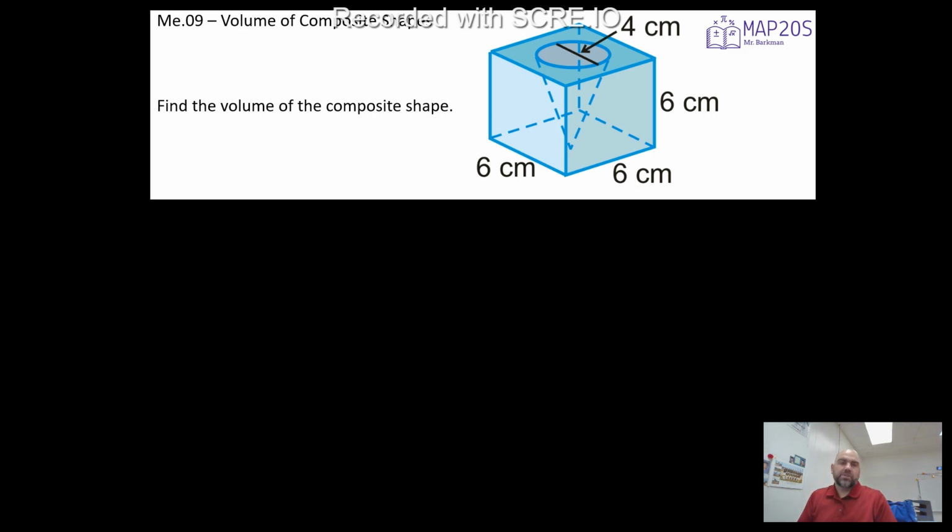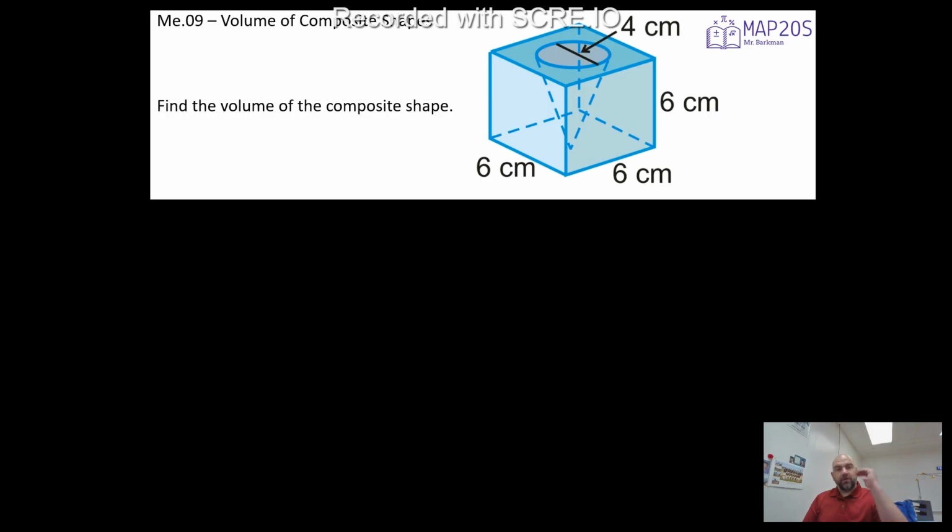Sometimes when we have composite shapes like this, we may not be given exact measurements, or we may not be shown all the measurements of something, so we're going to have to assume certain measurements. In this case, the height of the cone is not given, but based on the drawing and the fact that there's no given measurement, we are going to assume that the height of the cone is 6 centimeters.